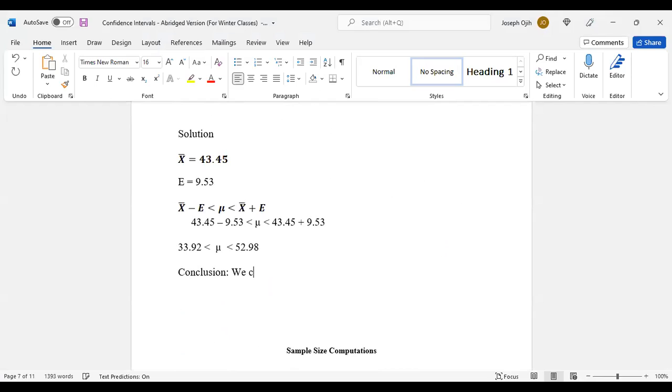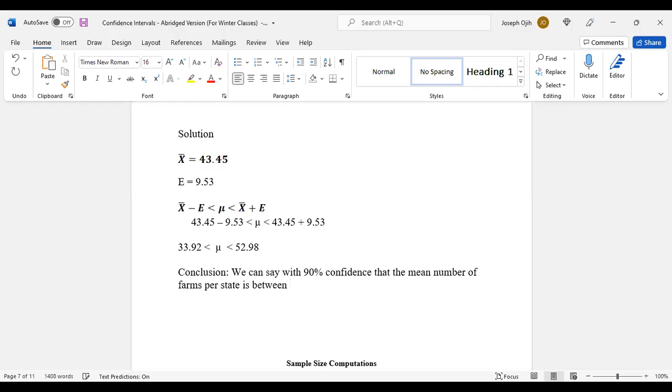So we can say with 90% confidence that the mean number of farms per state is between, first one is 33.92 farms to second one is 52.98 farms.